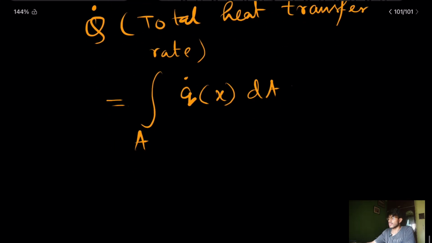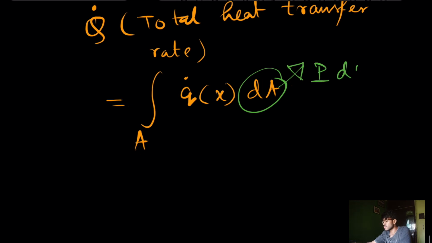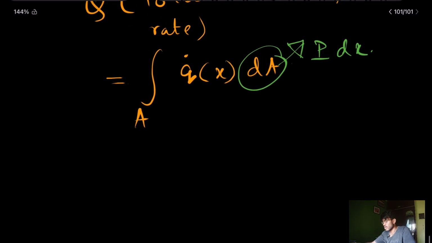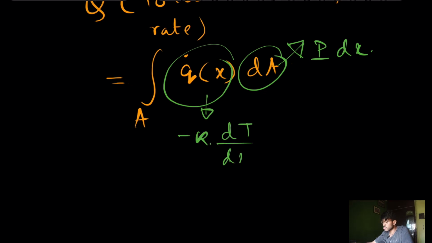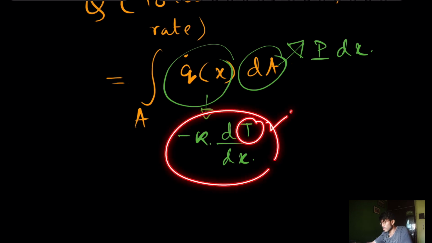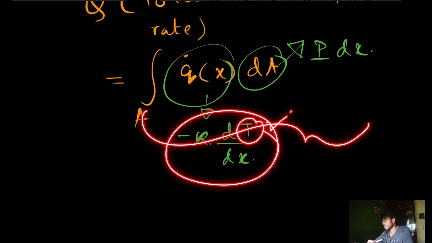This dA will be your perimeter into dx. You can do this. And you also know this by Fourier's law of heat conduction. Because you know this T, that means you can perform this integral.